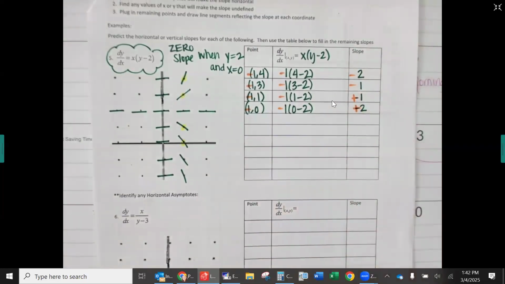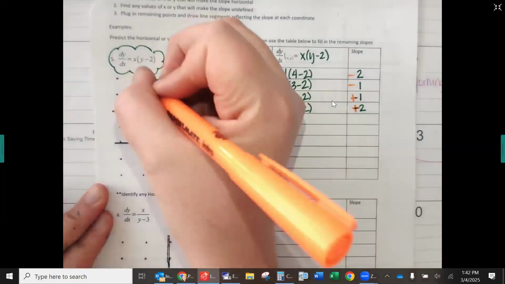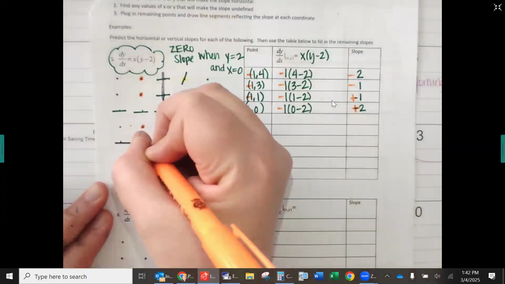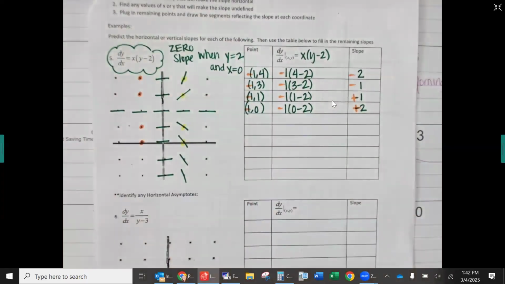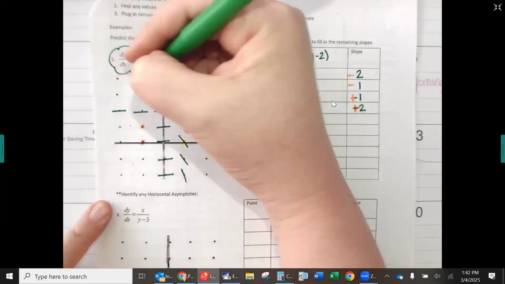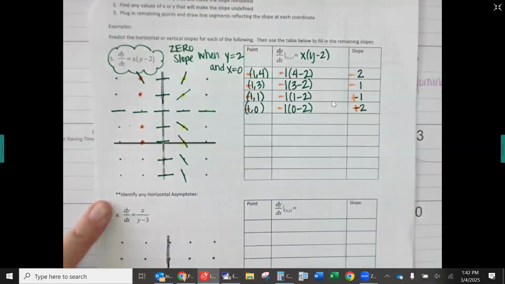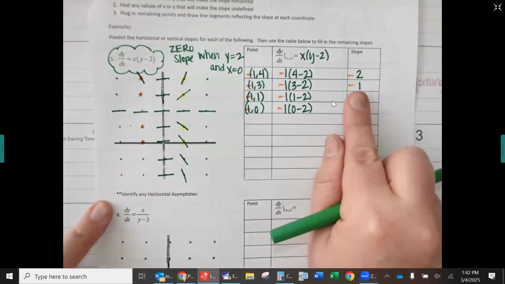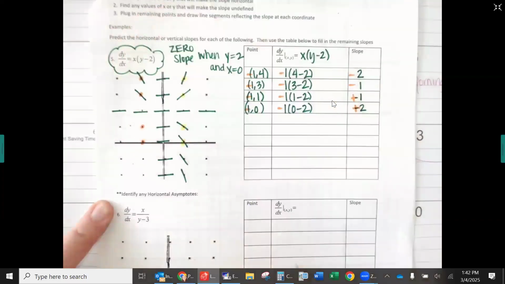So now let's come over to the negative ones and draw those slopes in. Okay, so that would be these 4 points right here. At negative 1, 4, my slope is a negative 2. That'd be downhill, steeper than the diagonal. Negative 1, 3 should be a perfect negative 1 diagonal.